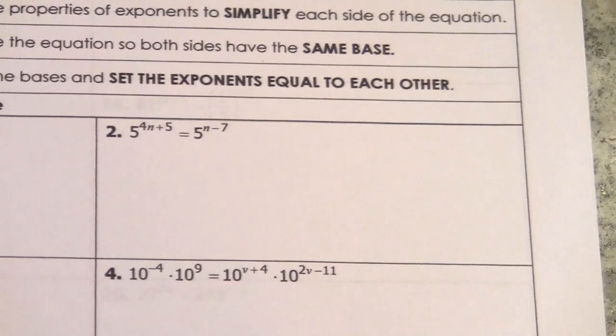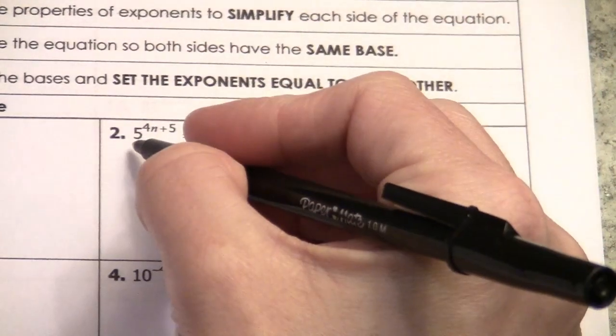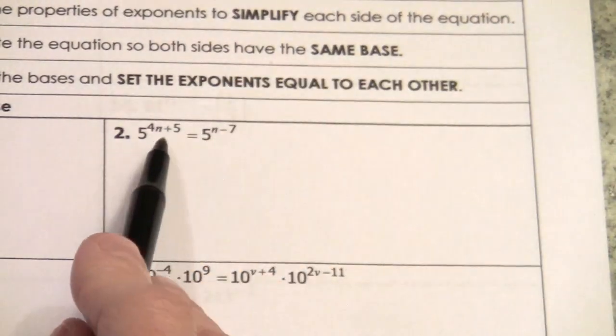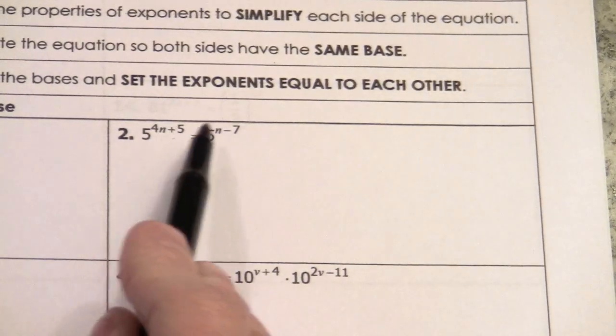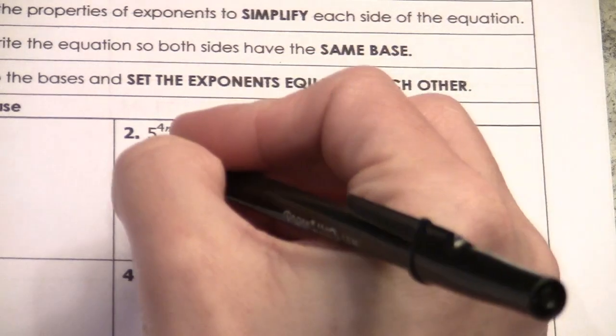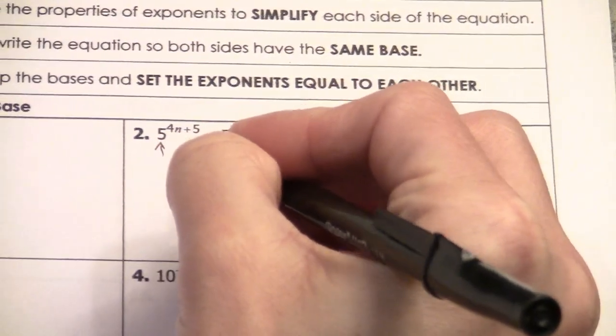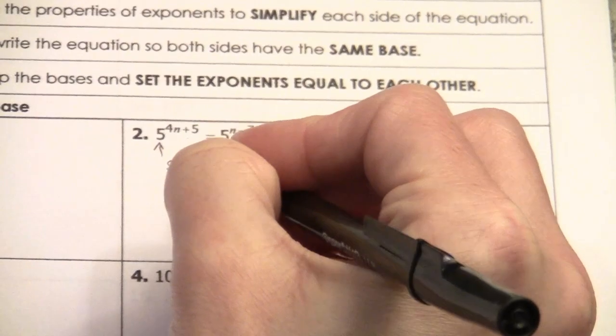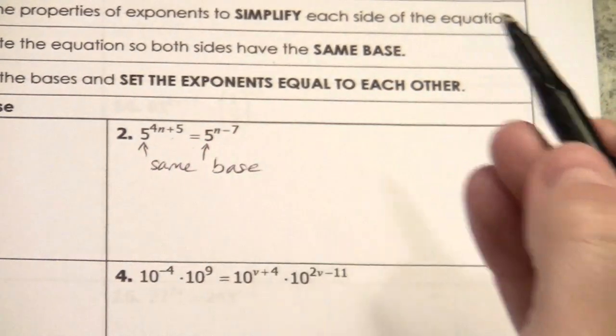On number 2 here, we have 5 raised to the 4n plus 5 power equal to 5 to the n minus 7. Again, we have the same base of 5, making this really easy to go from here.